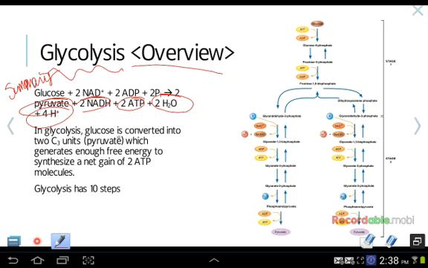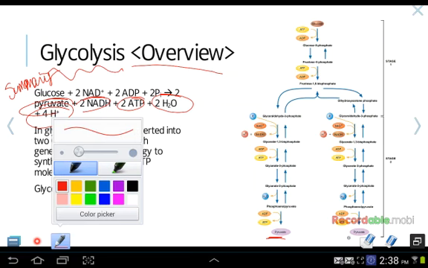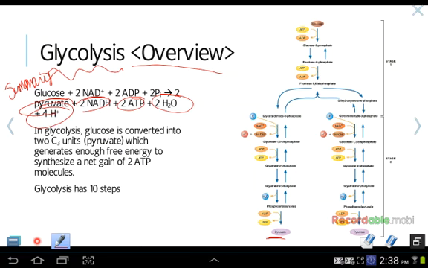In glycolysis, glucose is converted into 2 C3 pyruvate units, which you can see here. So C3 meaning it's got 3 carbons, which generates enough free energy to synthesize a net gain of 2 ATP. So we see in our first stage of glycolysis, we actually burn 2 molecules of ATP.